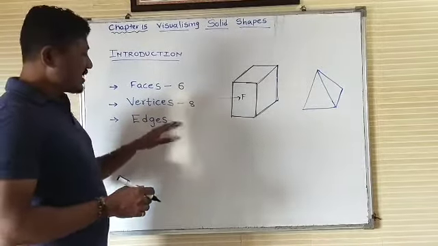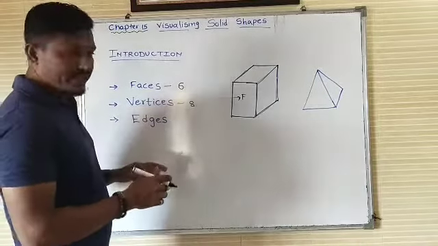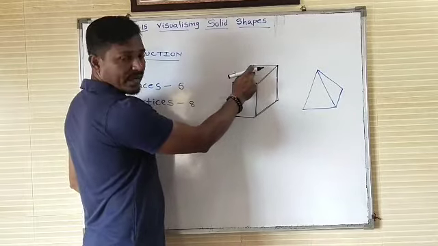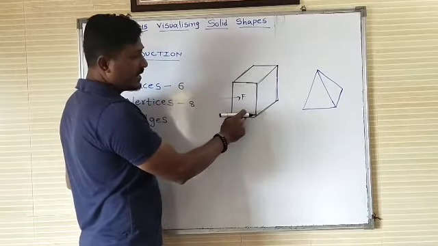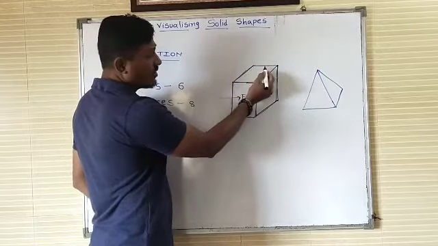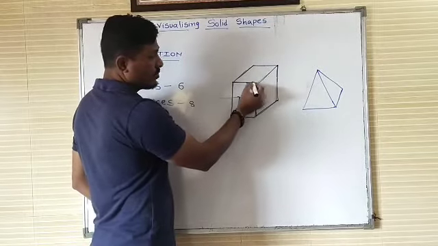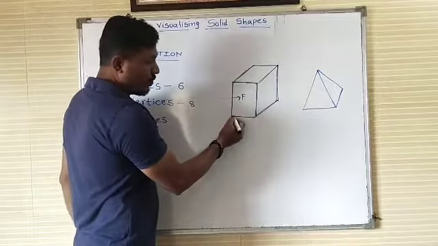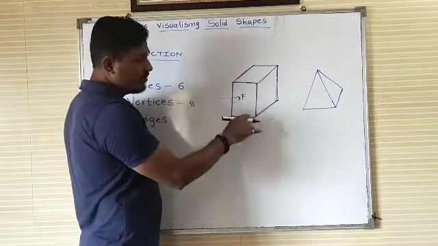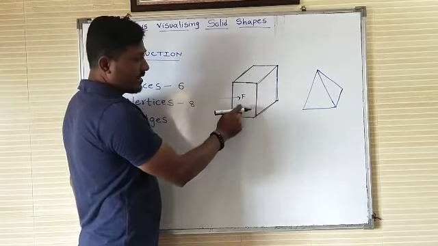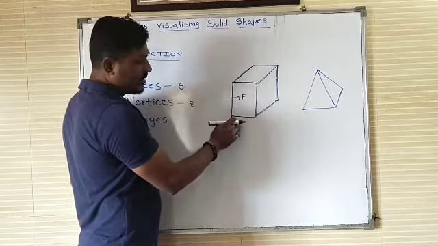So how many such edges are there? 4 standing lines, 1, 2, 3 and 1 at the back. 4 line segments at the top, 1, 2, 3, 4, that is 4 and 4, 8, and 4 line segments at the bottom.